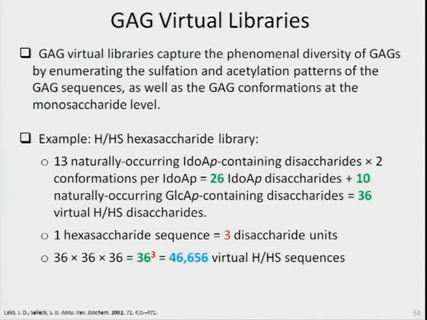Then there's an additional 10 naturally occurring glucosamine-containing disaccharides. So if you add the 10 to the 26, you get 36. That's the disaccharides. And if you want a hexasaccharide library, that's 3 disaccharides. So it's 36 times 36 times 36, which is almost 50,000 compounds, which is a lot, particularly since they're kind of large molecules.